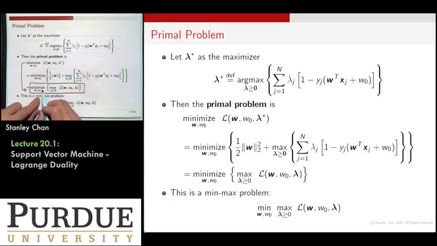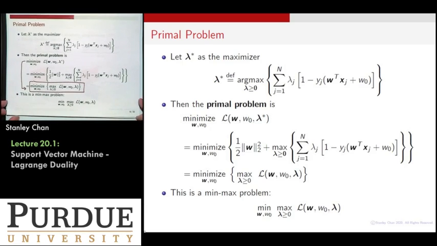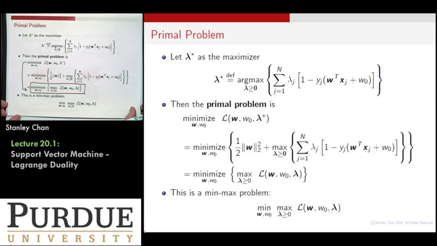So now this problem becomes what? You are minimizing over W and W0. The inner loop will be maximized over the lambda. So this is a mini-max problem, okay? It is a very typical problem in convex optimization where you want to minimize in one direction, but maximize in another direction.